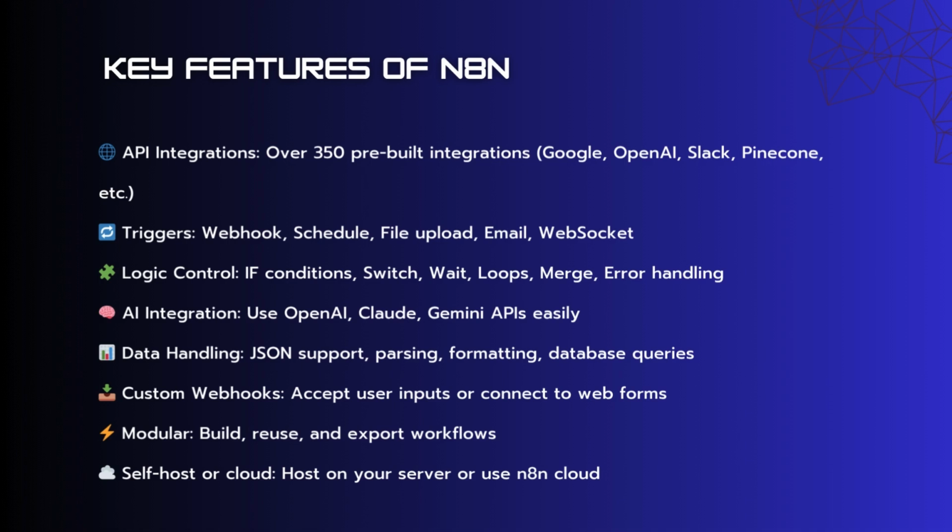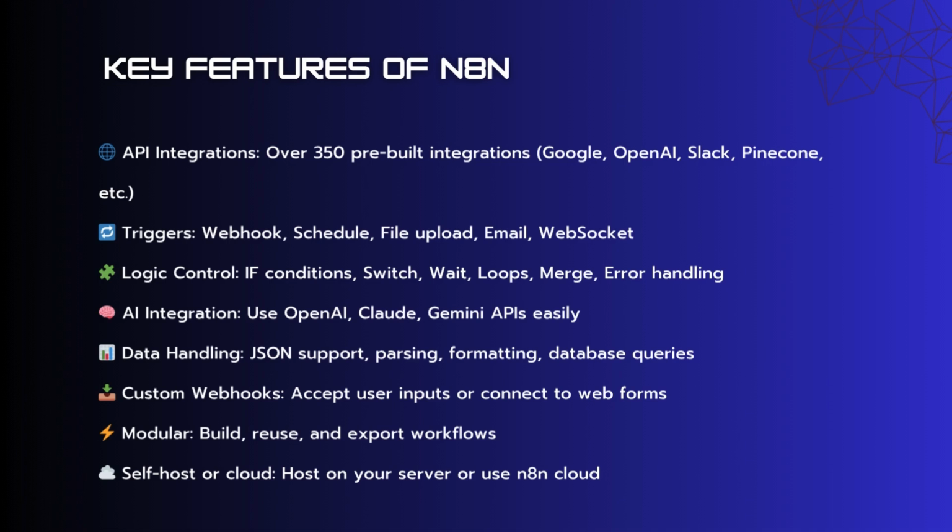It can integrate with multiple AI models like OpenAI, Claude, Gemini, etc. Data handling, it supports JSON, and you can parse, format, and run database queries also. Custom webhooks accept user inputs or connect to web forms. And modular, you can build and also reuse the created workflows, and you can also export them.